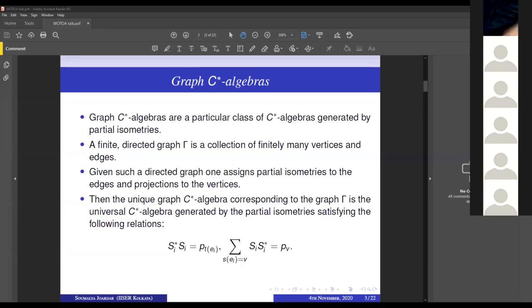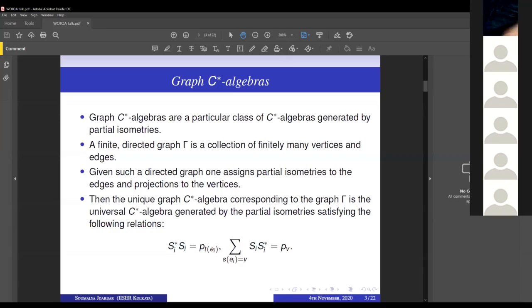You have an oriented edge, so that you have a source vertex and a target vertex, and S_e star S_e equals P_v, the projection at the target of e, and similarly the range projection is P_v such that v equals the source of e. These are graph C*-algebras. Given a graph, you can associate uniquely what is called a graph C*-algebra.